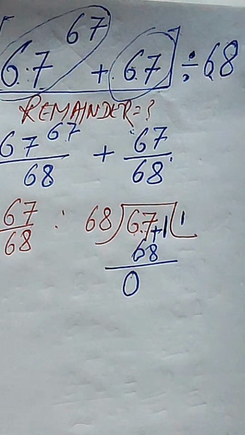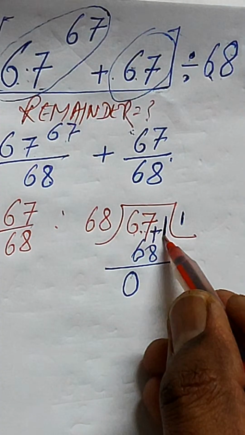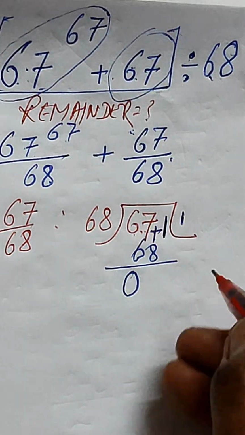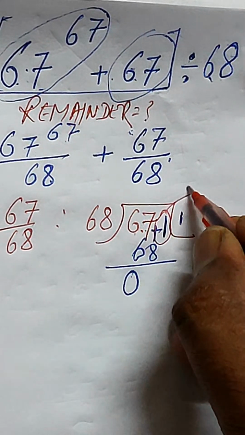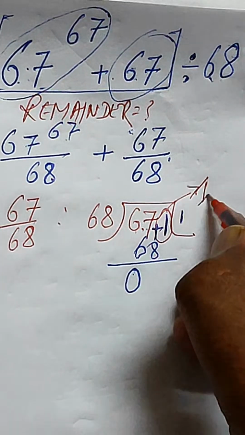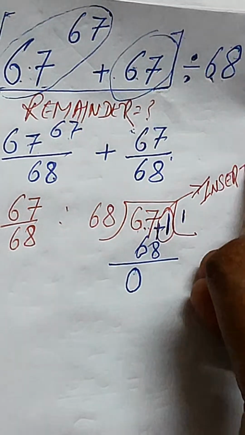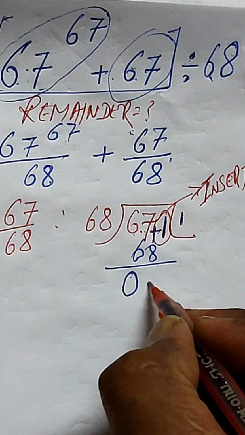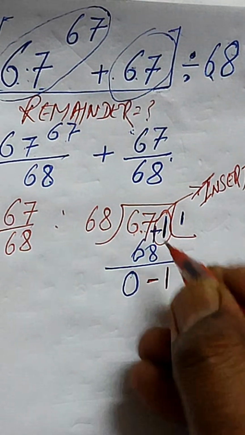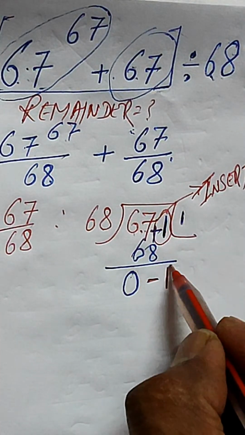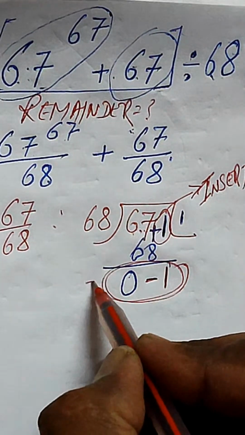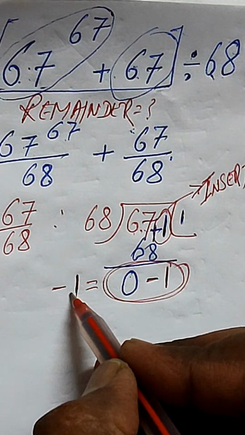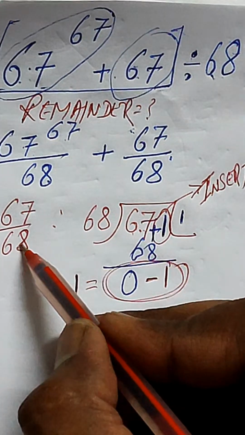But here this one is added over here, so that one was earlier not present. So this one needs to be subtracted from the remainder, right? So the effective remainder is not 0, it's minus 1, because 0 minus 1 is equal to minus 1. Now this minus 1 will be the remainder for 67 by 68.